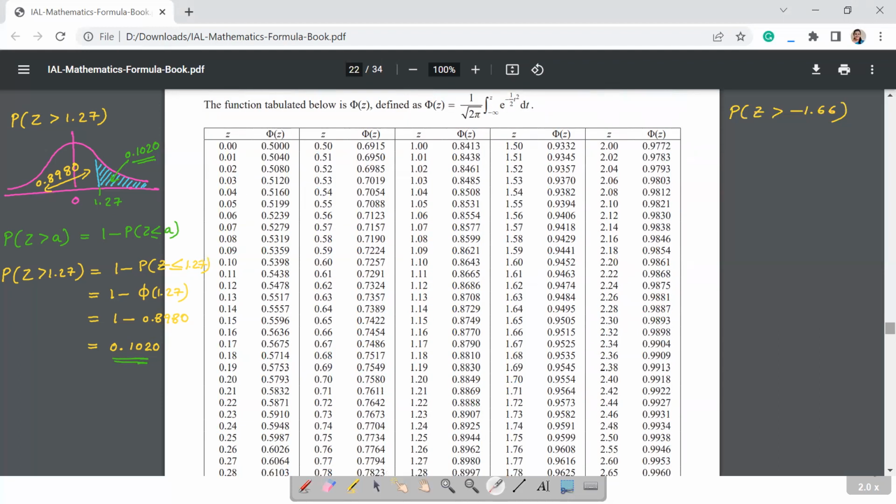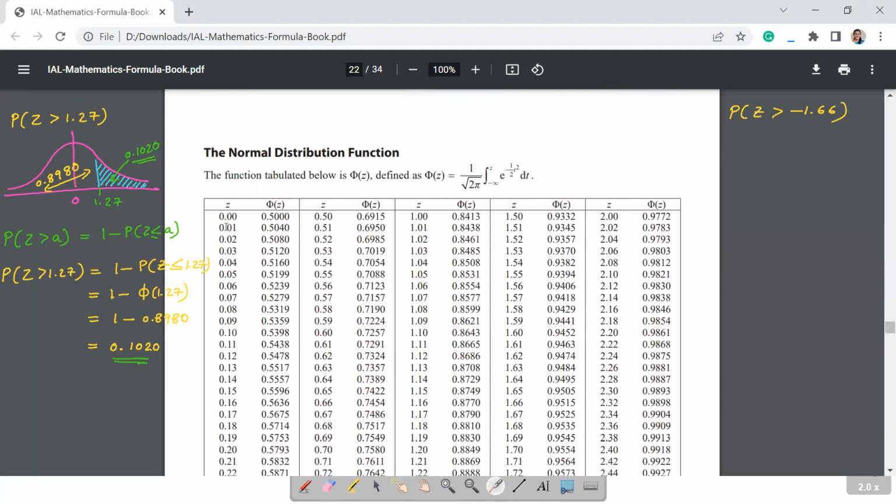one drawback of this table is, guys, you can see only the positive Z values are there. They don't go for the negative Z values. Now you know the Z values are distributed around 0. So on this side you have positive 1, 2, 3, and here you have negative 1, negative 2, negative 3, right? But this table only gives the positive side.